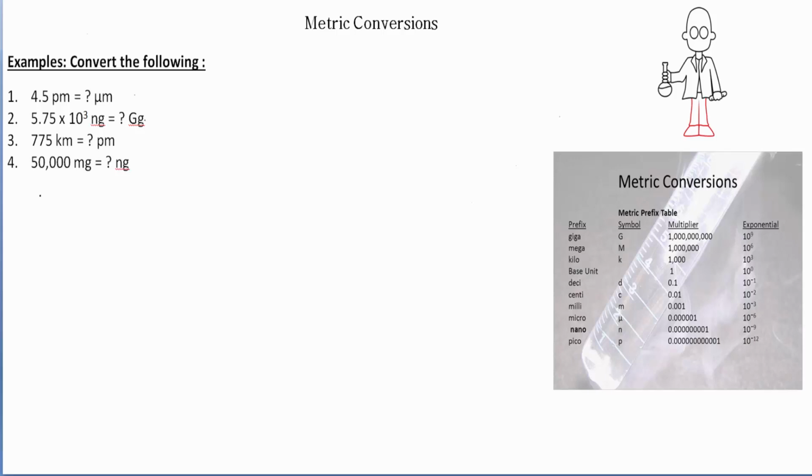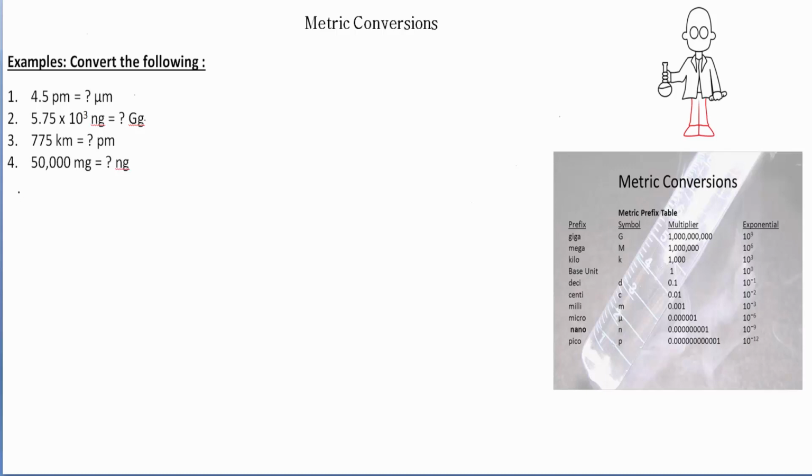Okay, we want to look at these problems where we have to convert one metric unit to another. This involves using our metric prefixes and conversion factors that we talked about in class.